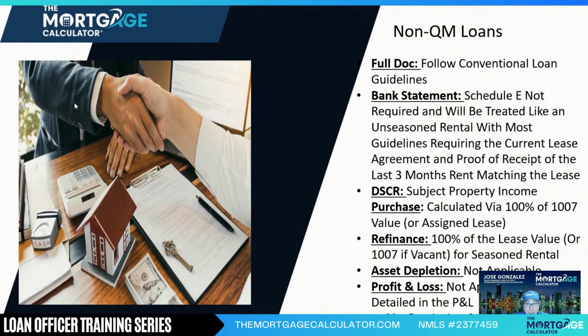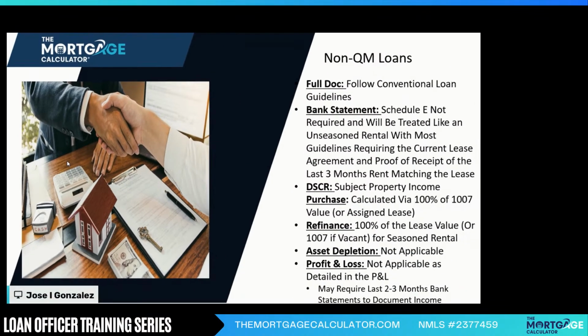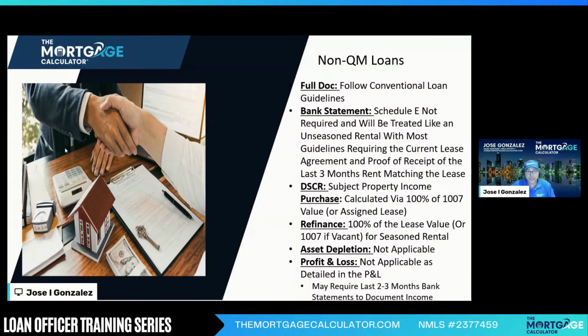But we're going to go with the amount reported on the Schedule E, like we just spoke about, assuming then that we're doing a full doc. If we're not doing a full doc, if we're doing a bank statement, alt doc type loan, then we're going to go with 100% of the lease value or 1007. Again, in this case, whichever is lower, unless you can prove 3 months receipt of the higher amount on that lease again.